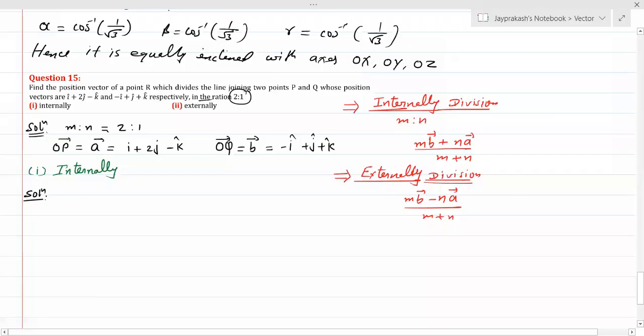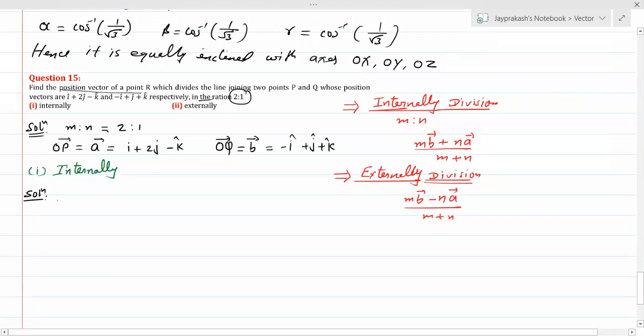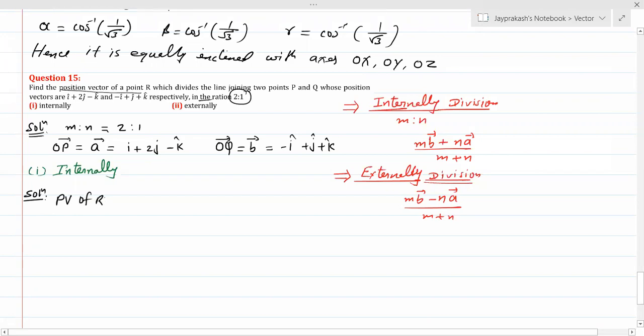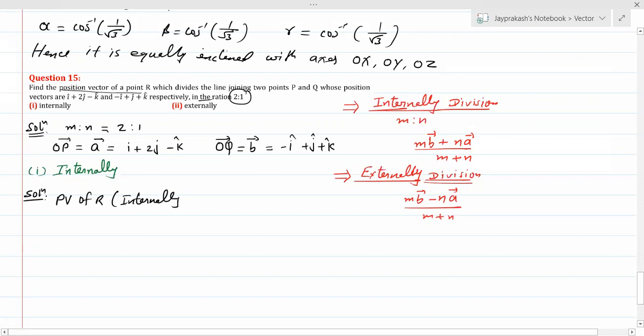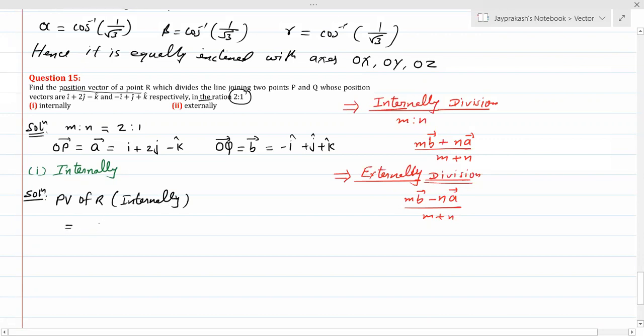हमें क्या फाइंड करना है? Find the position vector of the point R. So we'll write here the position vector of R when it is internal. So इसके लिए position vector हमें मिलने वाला है m.